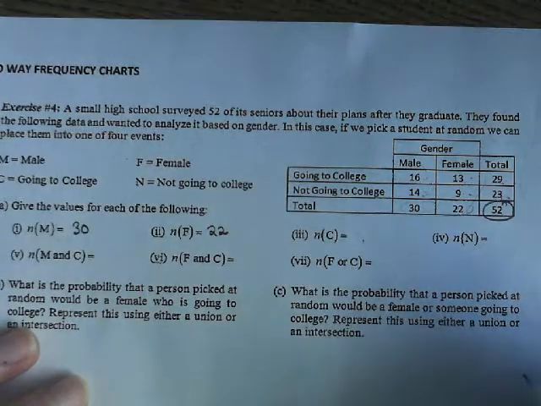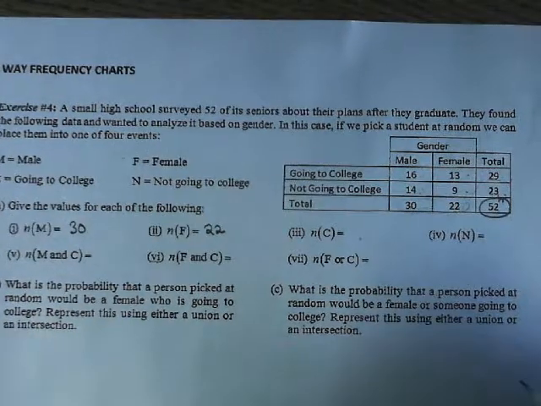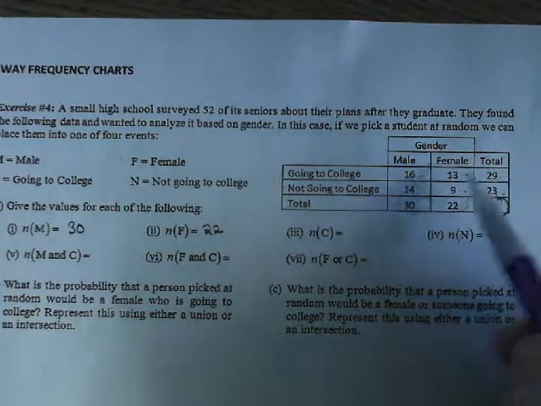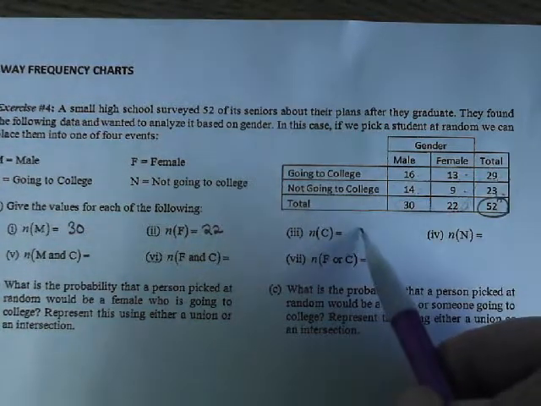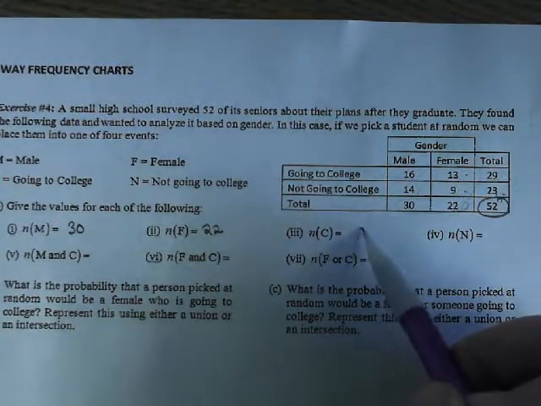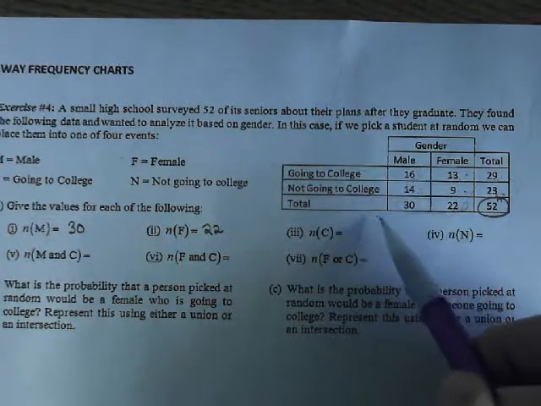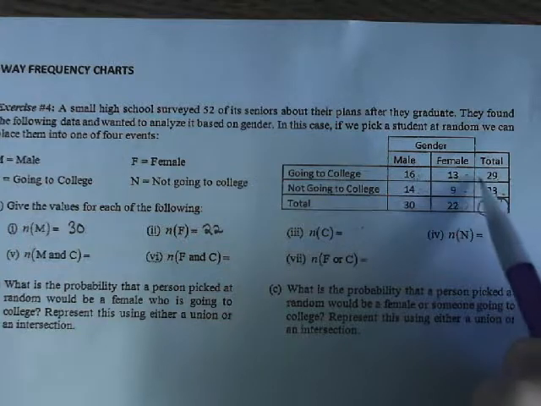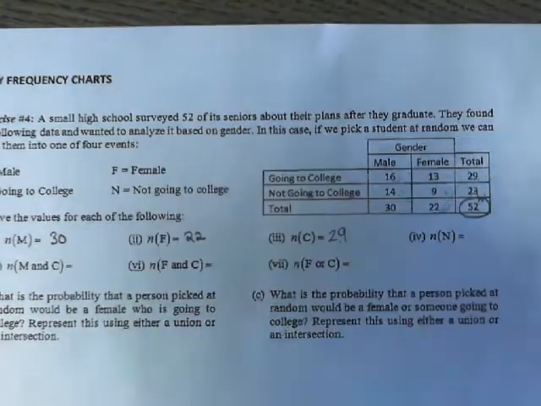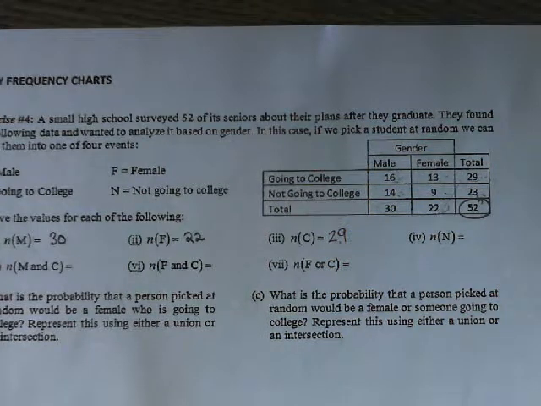No, going to college. You just gave me the number that was male and going to college. We want just the number going to college. So that's just our total here, 29. And our number not going to college, 23.